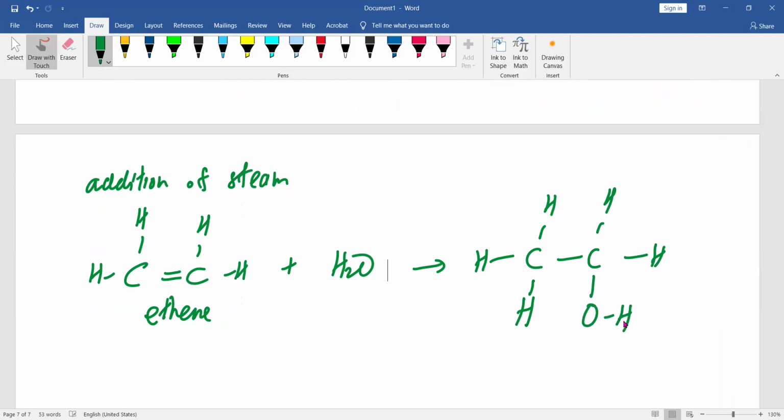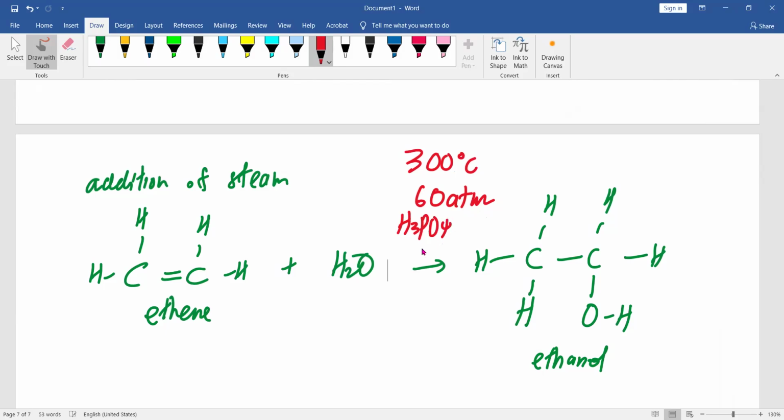Yes, very good. It needs 300 degrees Celsius, 60 atmosphere, and the catalyst is phosphoric acid.